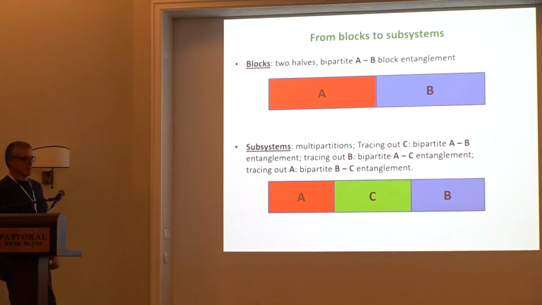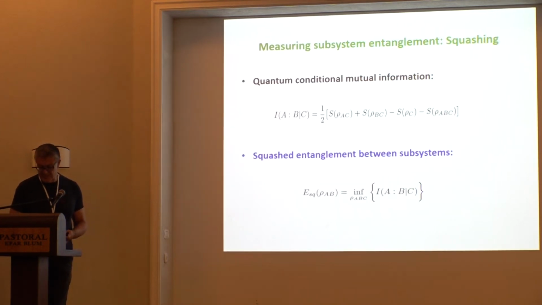The topological chain is just one possible example. The idea is I trace out C, and I need to construct a measure that tells me how much entanglement there is between A and B, or I trace out B, and then I need a construction that allows me to build a quantity that measures the entanglement between A and C, and so on and so on. This is the idea.